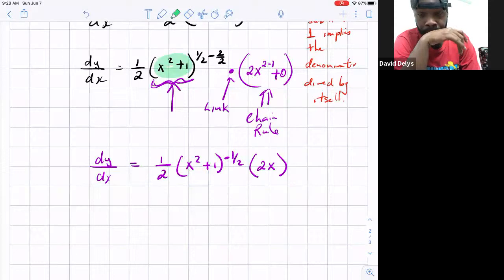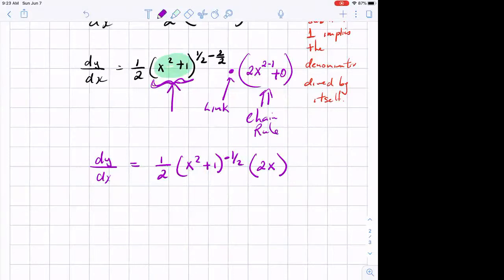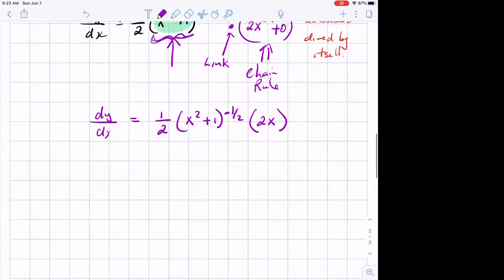Okay. Now this can be even simplified even further. Okay. So keep in mind this here means 1 over, so this becomes 1 over 2 the square root of x squared plus 1 times 2x. Okay.